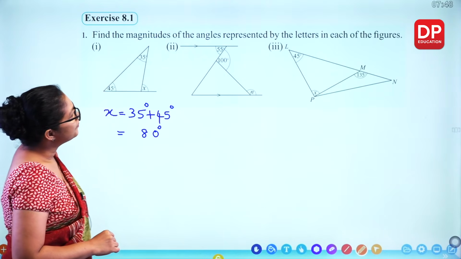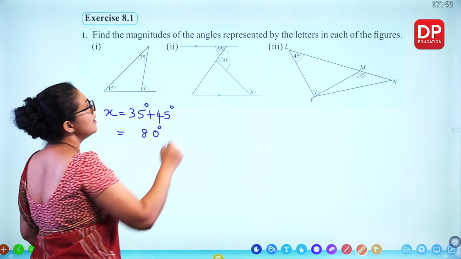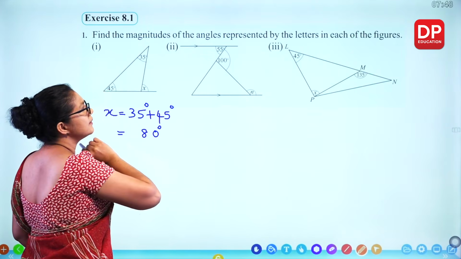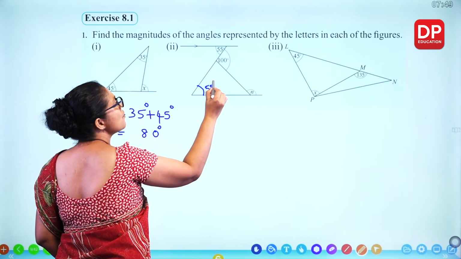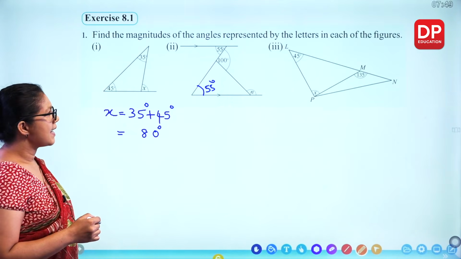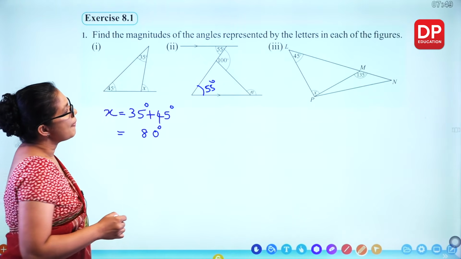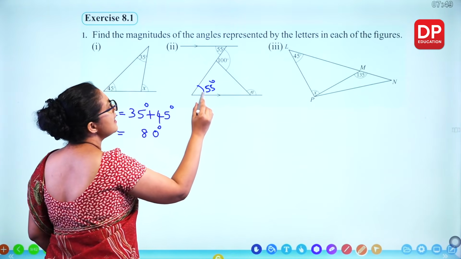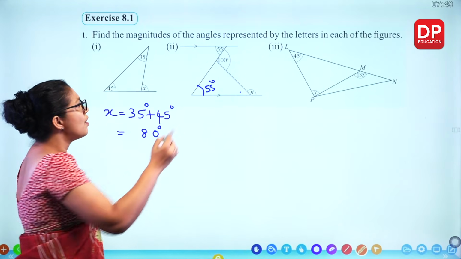What about this one? Look carefully. So here these two lines are parallel. If this is 55, we can say this is also 55. What's the reason? Alternate angles. Then what can you say about this one? This angle and this angle add up to 100.